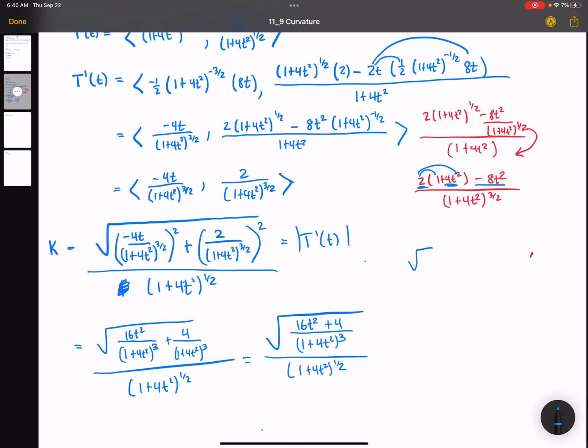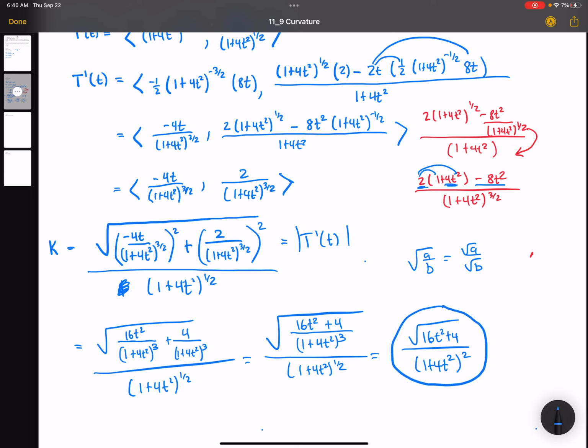Remember this property: the square root of a divided by b is the square root of a divided by the square root of b. So what we could actually get is the square root of 16t squared plus 4, and since that's to the 3/2 and we're dividing by 1/2, we would really just get over (1 plus 4t squared) squared. All right, so that's a lot of work to get down here.